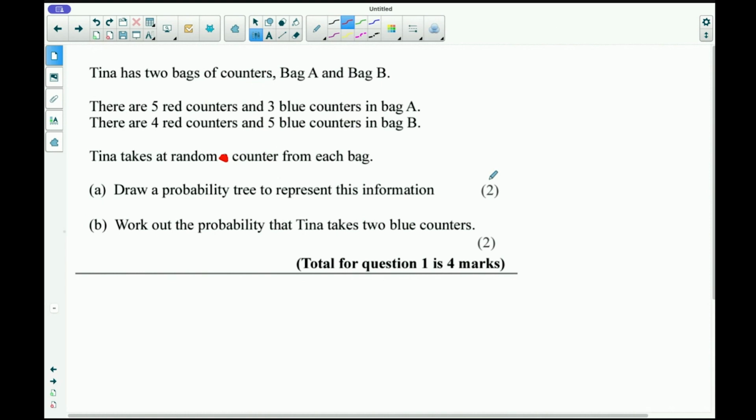You want to first draw a probability tree to represent the information, and then work out the probability that she takes 2 blue counters. I'll give you a second to get a feel for what the question's asking, and maybe make your own little sketch of what you think is happening with that probability tree, and then we'll take a look. I'll give you about a minute to get started, and we are going to amp up the difficulty as we go along, but just something nice and easy to start us off.